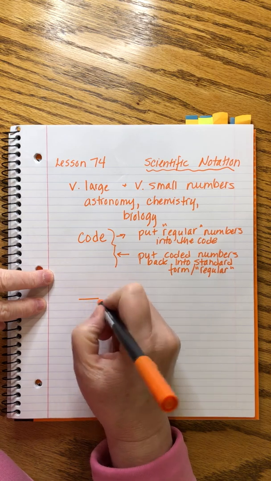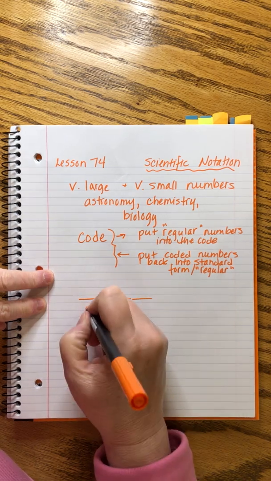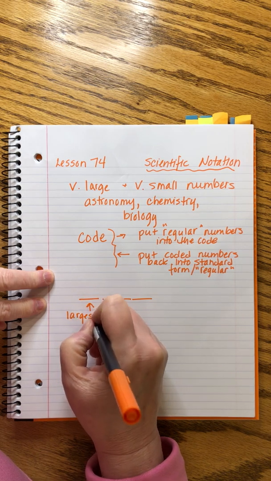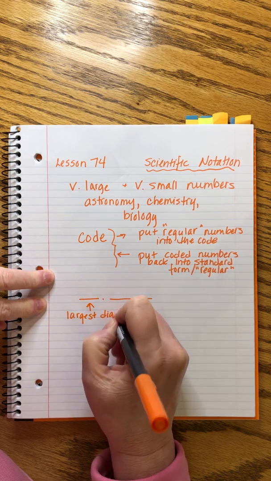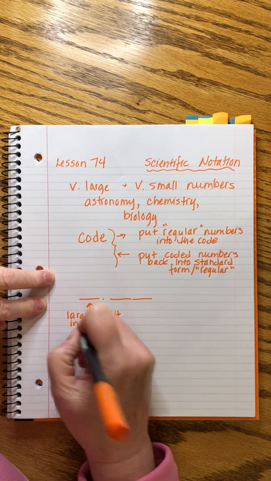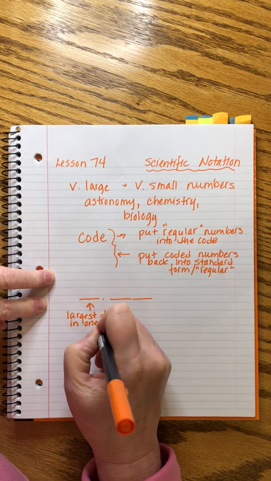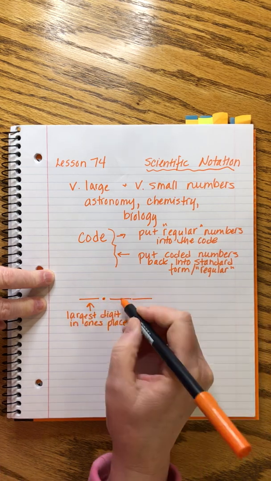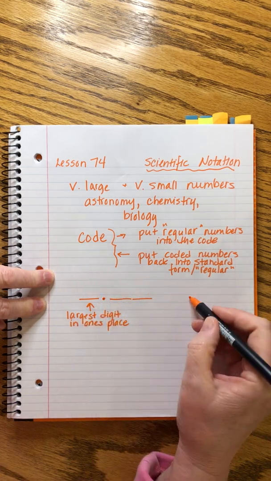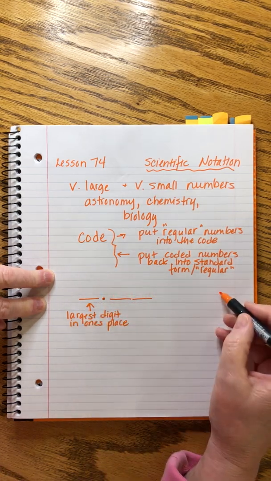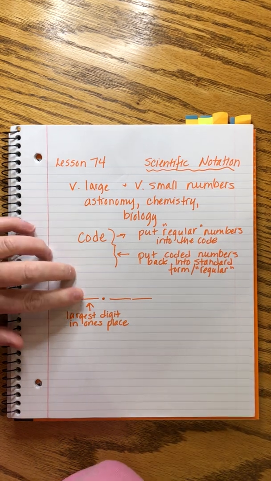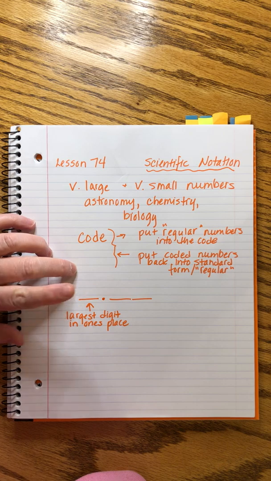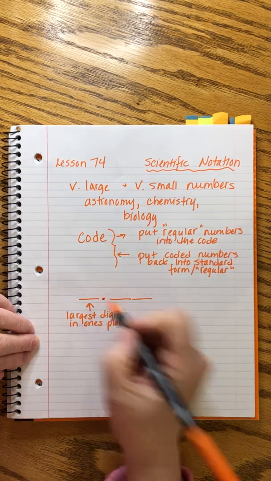In the code, the largest digit of the number that we're talking about goes in the ones place. Here's a big fat decimal. It's okay to have digits going into the decimal land, but the largest digit in the number goes in the ones place, right there.